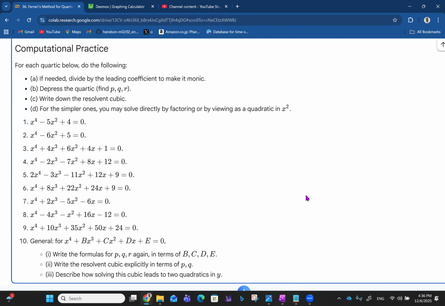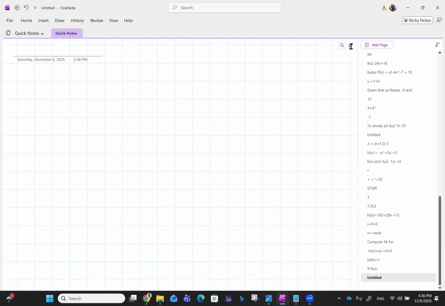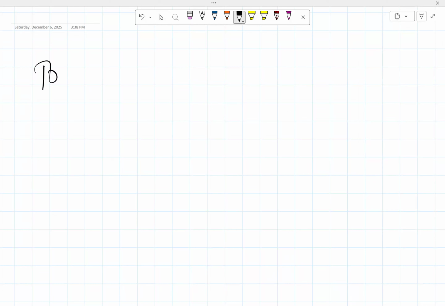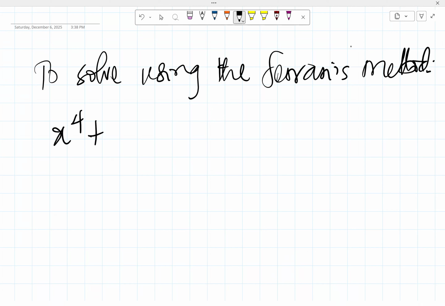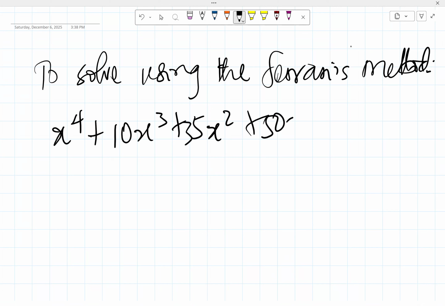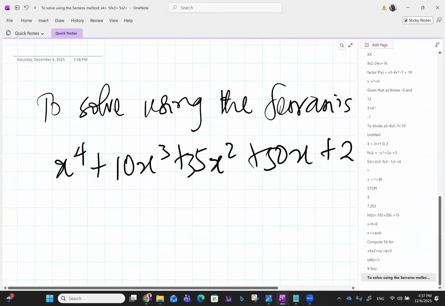To solve using Ferrari's method, we have x to the power 4 plus 10x cubed plus 35x squared plus 50x plus 24 equals 0. Like I said, I'll go back and forth to confirm.